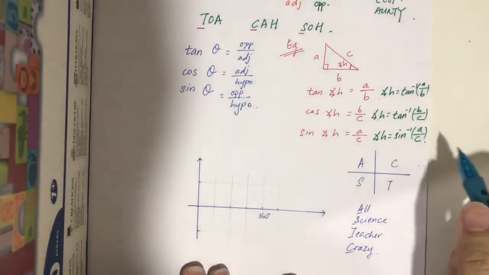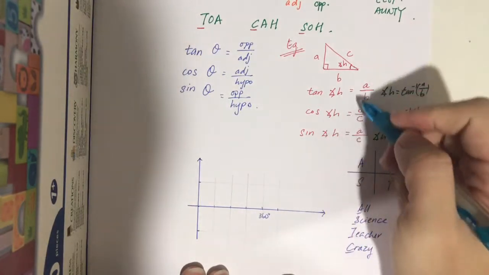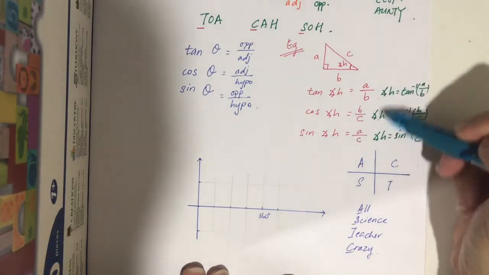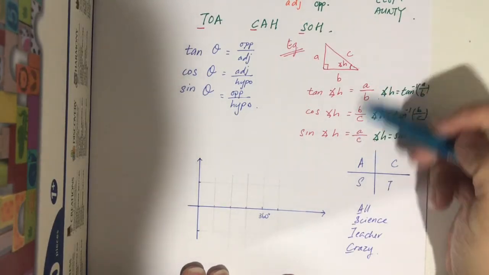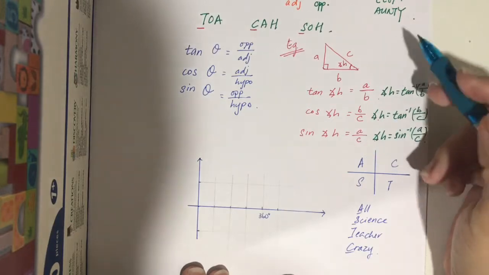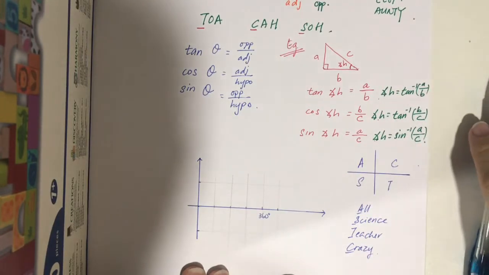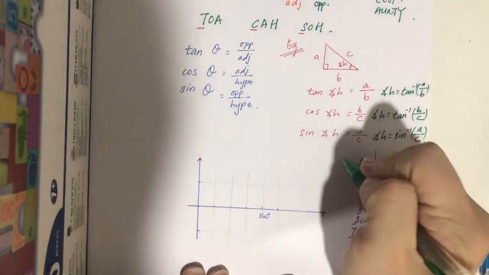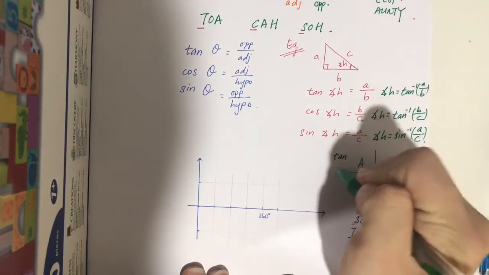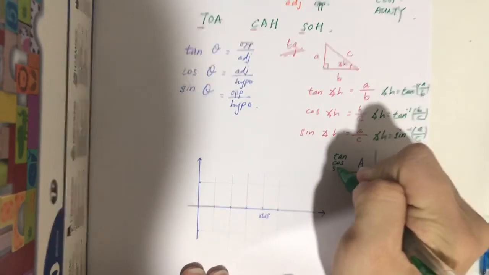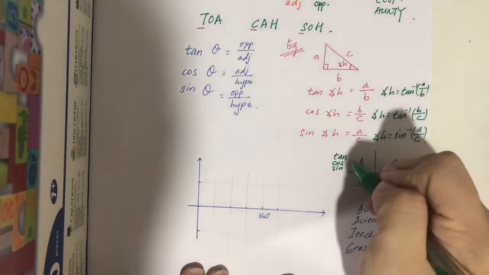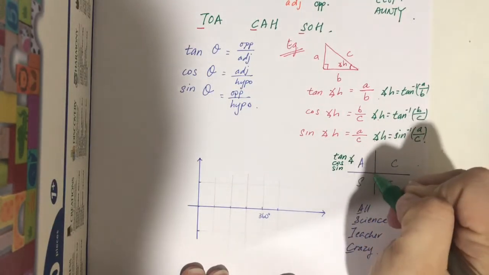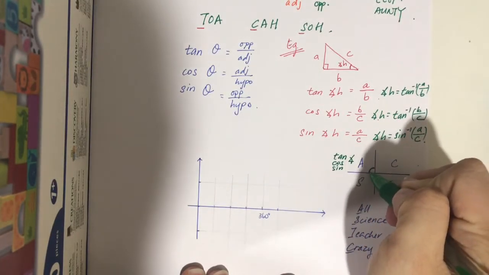This means that the value here, which one will be positive? Over here, A meaning all: tangent, cosine, and sine are positive for the angle over here.